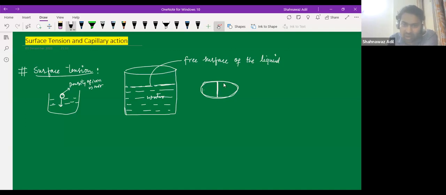Because there are forces acting on this needle which are attracting this needle from every side, right? And this force arises due to surface tension. So that is what we call surface tension. Surface tension is a property by which this free surface behaves like a stretched membrane.